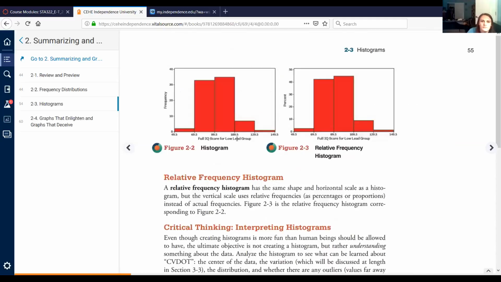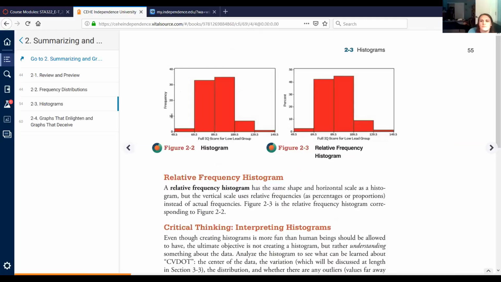So we can do this in what we call a histogram. A histogram is these bar graphs where the bars are butted up against each other. So these ranges down here are those class boundaries we talked about. And this happens to be, again, that particular low lead group.